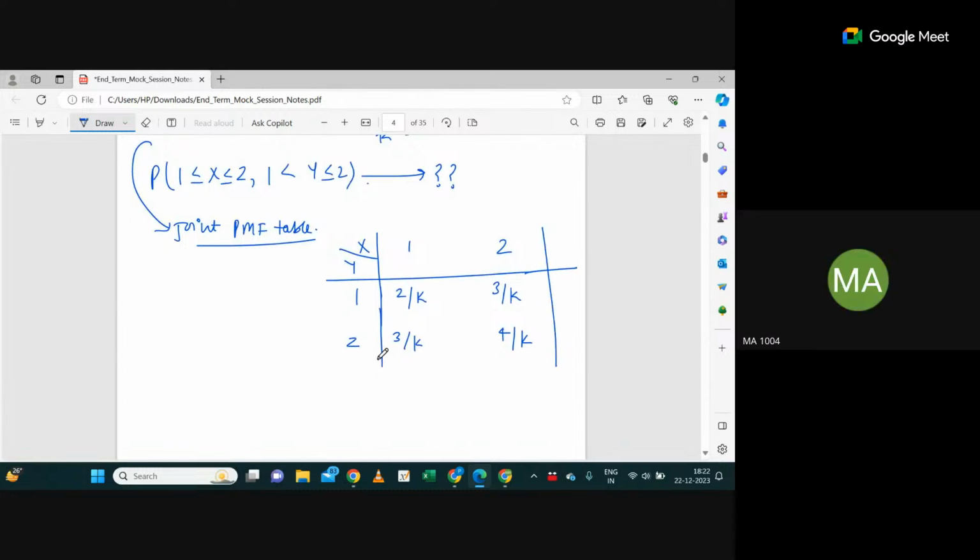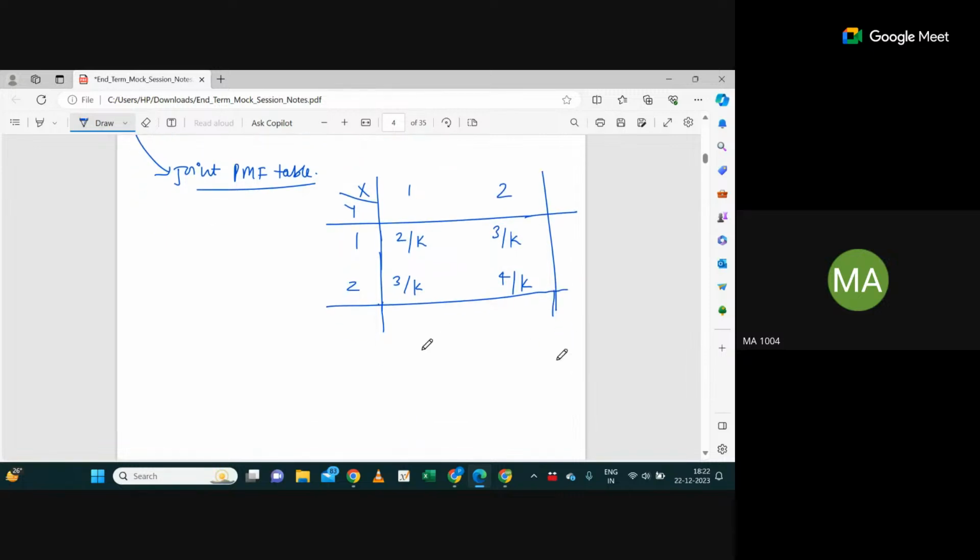So now this is the joint PMF. First of all, we have to find the value of 1 less than or equal to x less than or equal to 2, 1 greater than y less than or equal to 2. What does this mean? Y can only take 2 and x can take 1 and 2.